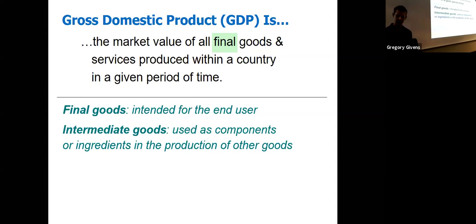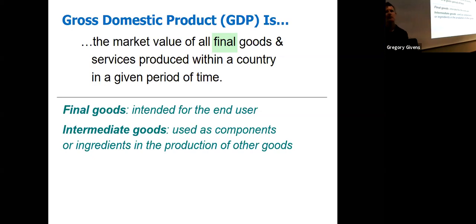I think I heard you say it in your answer. Perfect, right? Part of the $100 cost of the jacket includes the $35 cost or value of the intermediate goods that was used to make it. So what would happen then if we count not only final goods but intermediate goods? We would actually be double counting the market value of intermediate goods.